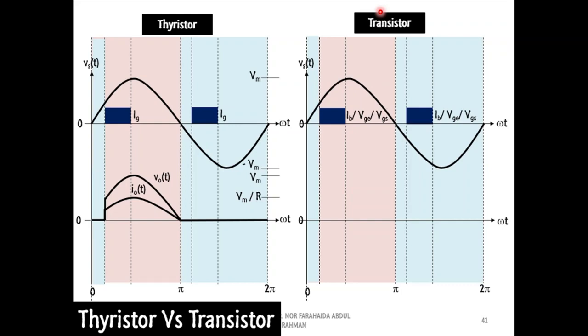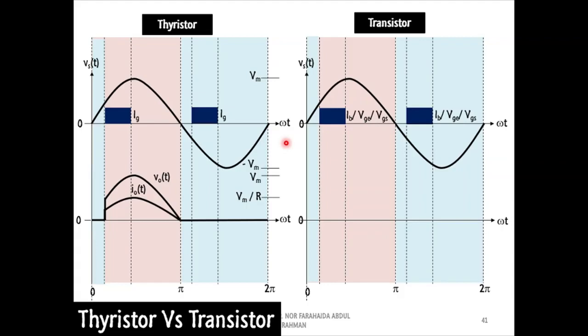Similar to thyristors, transistors are also controllable power switches. However, the way to control transistors is different as compared to thyristors. I will use these waveforms to explain the difference.